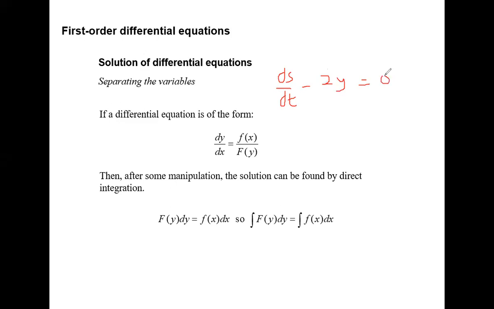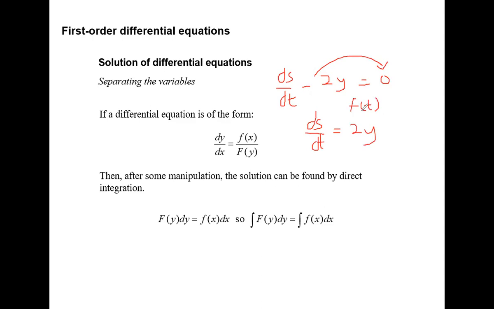In this kind of example, let's assume we take this to this side, we'll have ds/dt equals 2y. But you see, this is not an f of t.